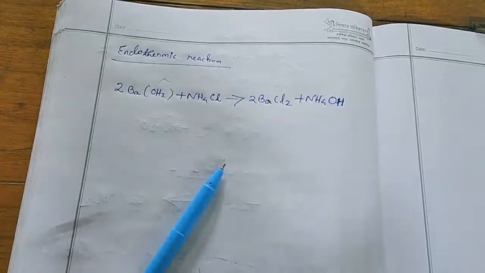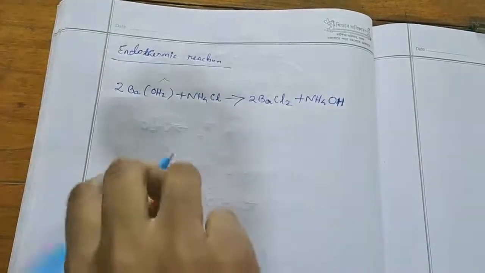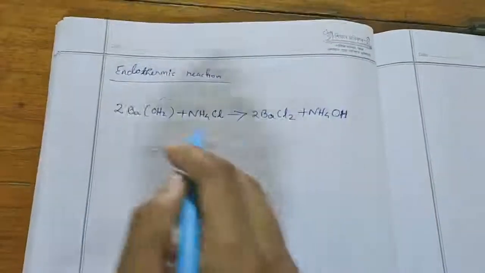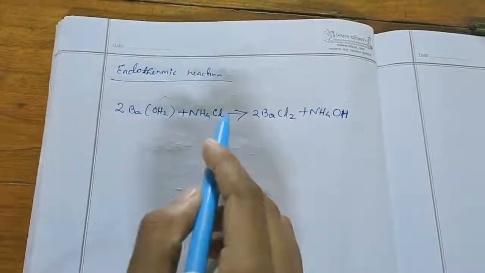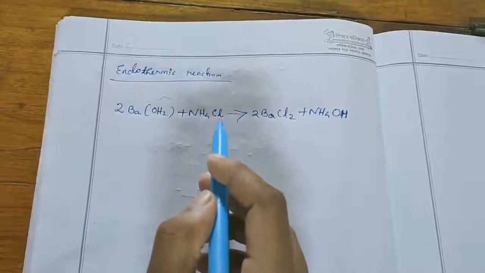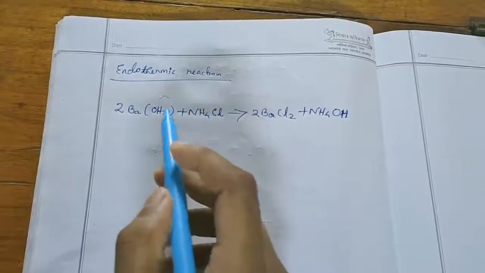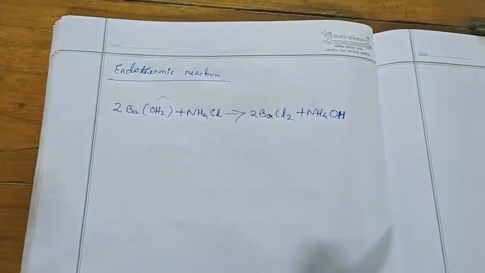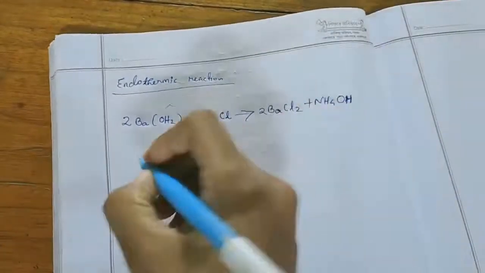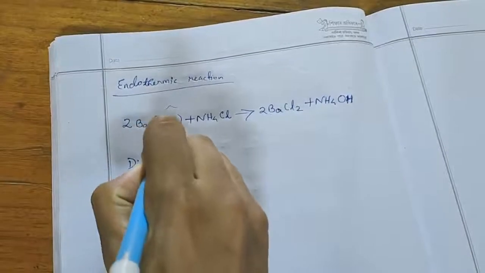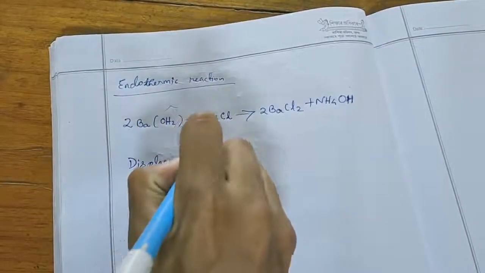Here we need heat, light, or electricity as the energy to complete the reaction, and this is why it is an endothermic reaction. Then another type of reaction is displacement reaction.